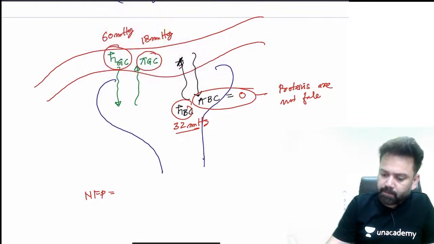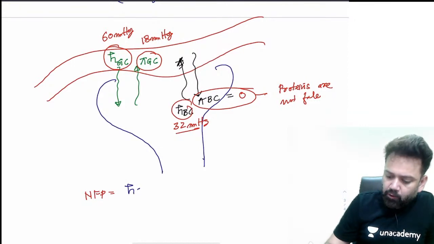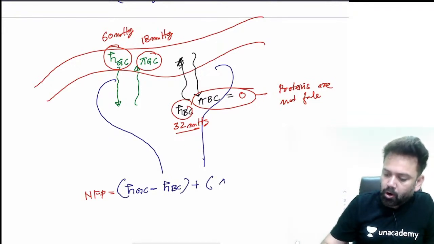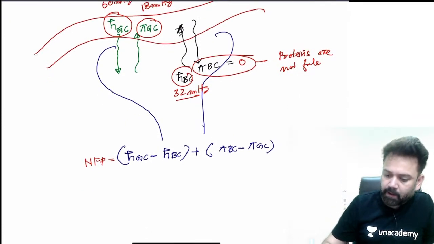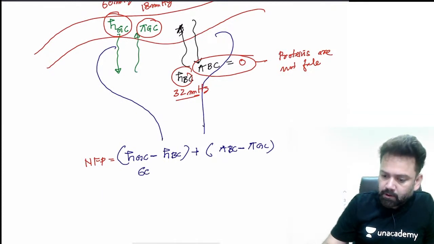Hydrostatic pressure of glomerular capillary minus hydrostatic pressure of Bowman's capsule plus oncotic pressure of Bowman's capsule minus oncotic pressure of glomerular capillary. And if you put the values, it's very easy to understand. 60 minus 32.